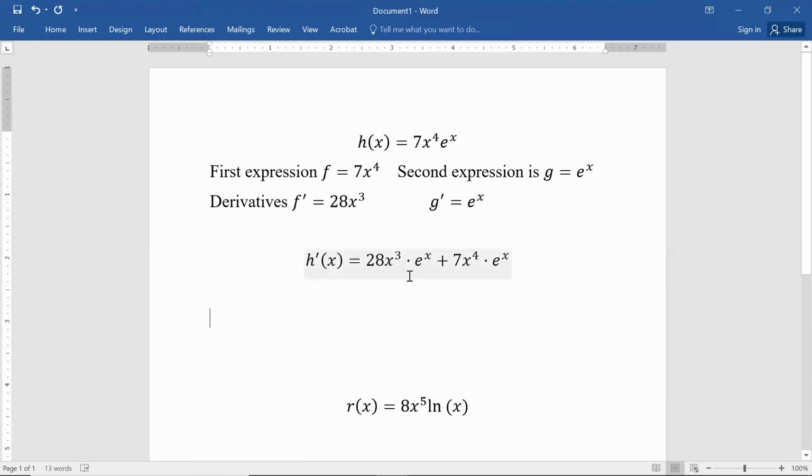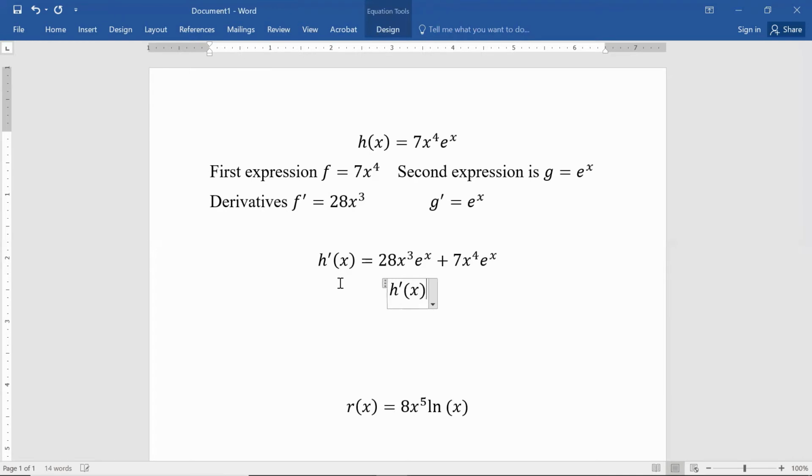Some people will rewrite this. Some people won't write the multiply signs in there. They'll just put an implied multiplication in. Sometimes you'll see people try to factor out a greatest common factor. Each term has an e to the x in it, each term has 3 factors of x, and each term has a factor of 7. So sometimes people will rewrite this after they factor out the greatest common factor.